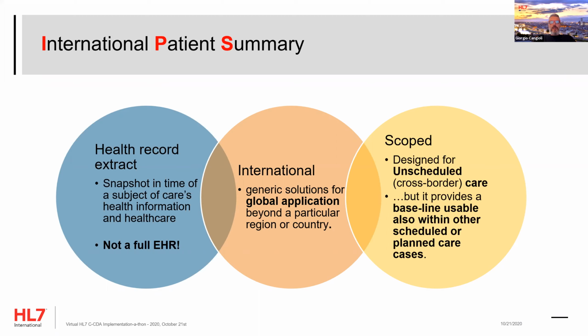It is also, in brackets, cross-border, because some of the requirements come from the wish to allow the adoption of this patient summary for exchanging information cross-border or cross-domain. But the intent is to have this as a baseline usable for other cases too.